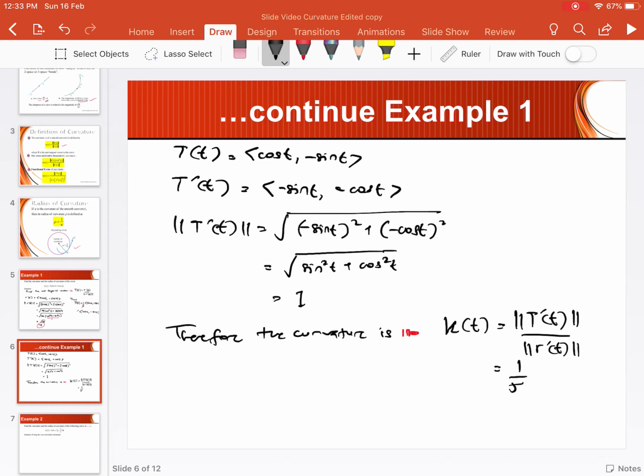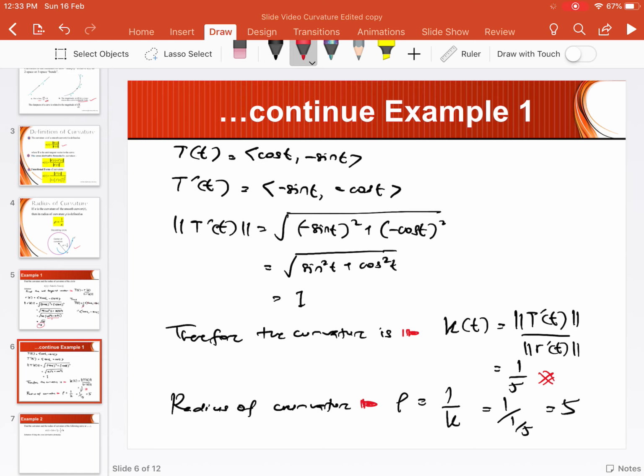And the radius of curvature, rho, is 1 over curvature, so 1 over 1 over 5 equals 5. Okay, that's it. So the curvature is 1 over 5 and the radius of curvature is 5. Done.